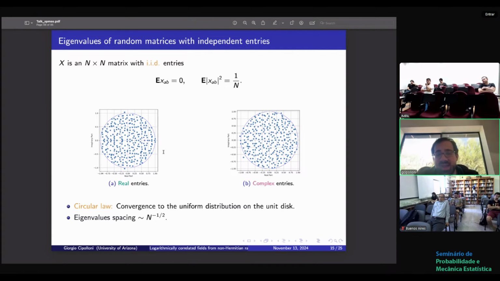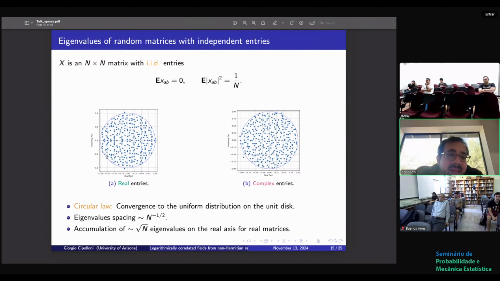And since we have n eigenvalues in an order 1 subset of the complex plane, one can expect that the typical distance between nearby eigenvalues is 1 over square root of n. One last thing that I want to mention, related to the symmetry and maybe relevant at the end of the talk, is that in matrices with real entries there is an accumulation of square root of n eigenvalues over the real axis.